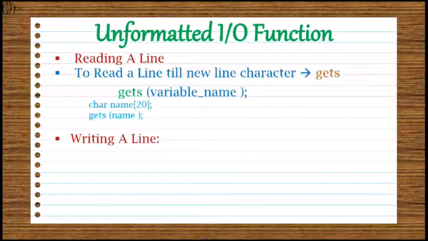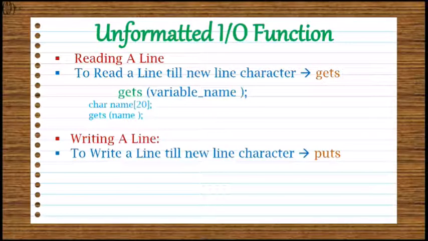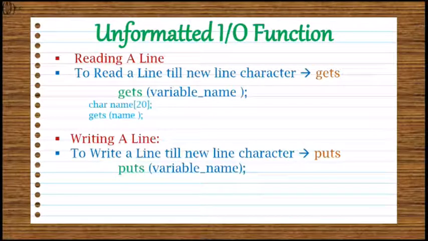Next, a similar function, writing a line. To write a line till the new line character, the puts function is used, and the syntax is puts and then, in brackets, the variable name. Here also the variable name is a valid variable name whose value you want to display on the screen.